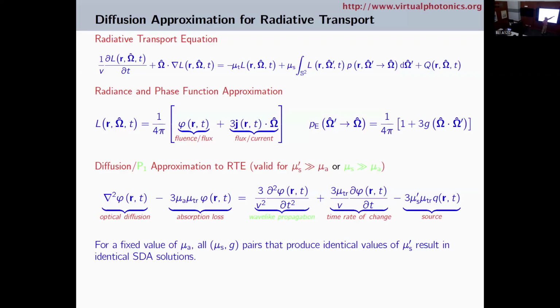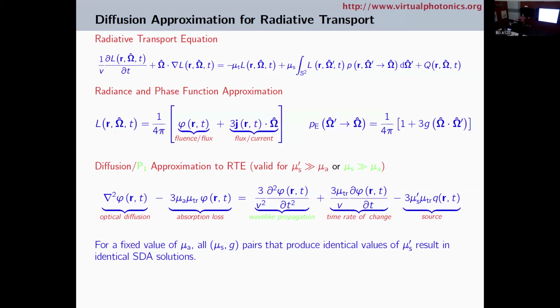If g is like 0.4, this is going to be negative, which is completely nonsensical. This is a probability density function. How can you have negative probabilities, unless you're dealing with quantum phenomena? But anyway, clearly this has some limitations in accurately modeling media which have high values of g.